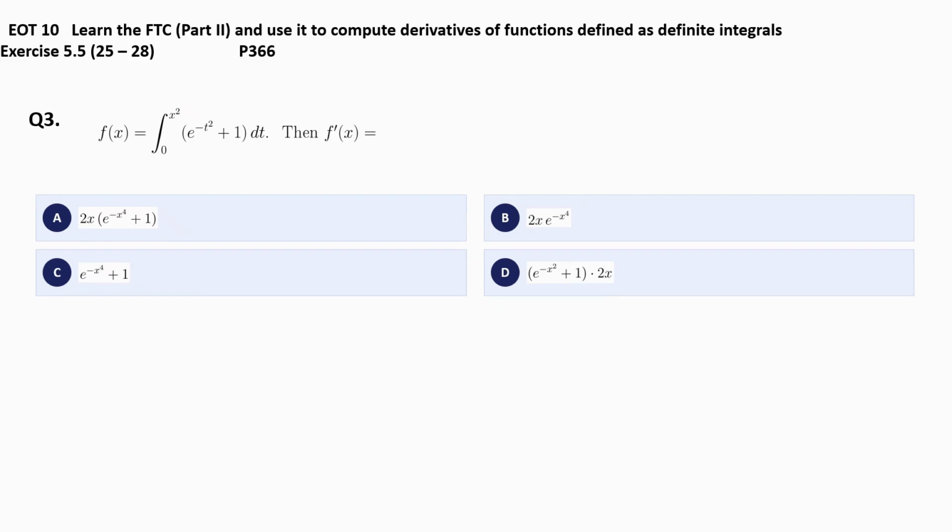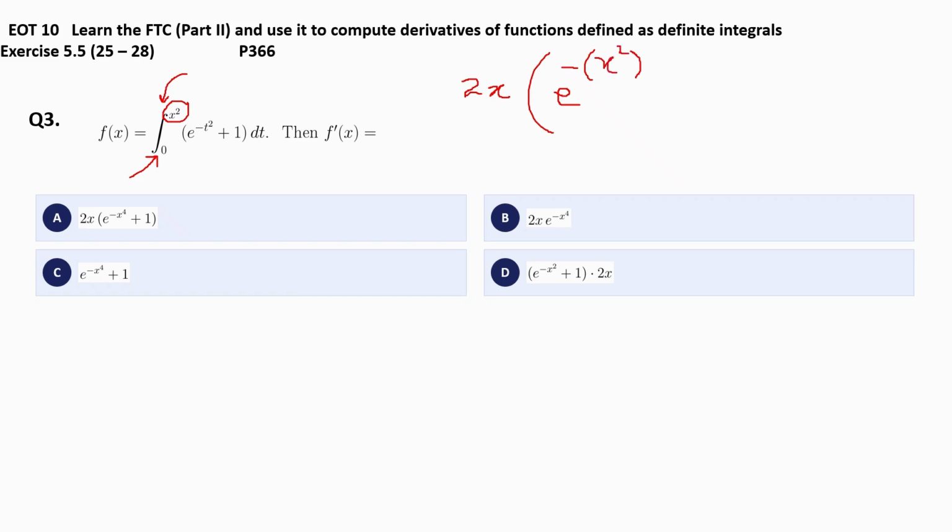Moving forward, lower limit is a number, perfect, but upper limit is x squared. In that case, the first step you will derive the upper limit, which is 2x. Now you will substitute only in the place of t, x squared. So you have e to the minus t, and in the place of t you should substitute x squared.